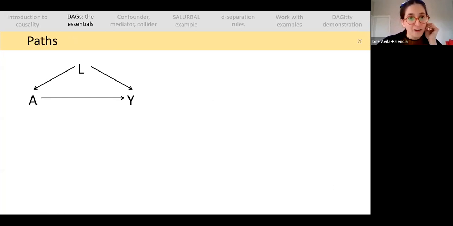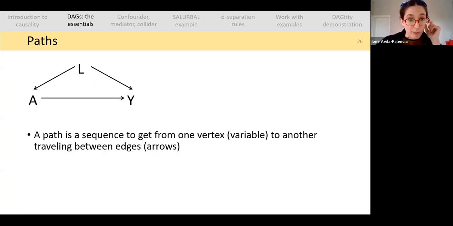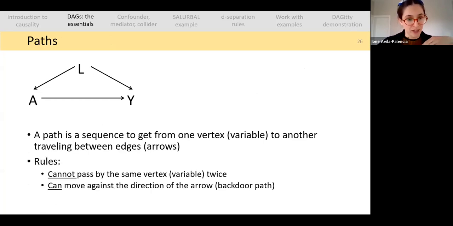So another essential concept in DAGs is the concept of paths. A path is a sequence to get from one vertex, one variable, to another one, traveling through the arrows. And those paths have mainly 2 rules. They cannot pass the same vertex, the same variable, twice, but they can move against the direction of the arrow.